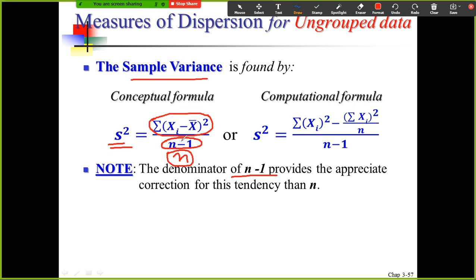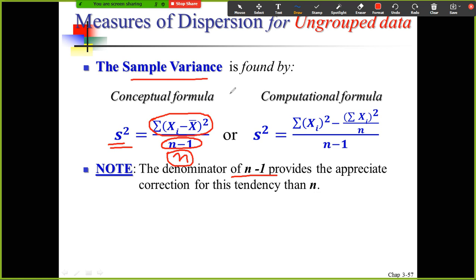Denominator means the number below the bar. The denominator is here, n minus 1. So a denominator of n minus 1 provides an appropriate correction for this tendency, better than n.